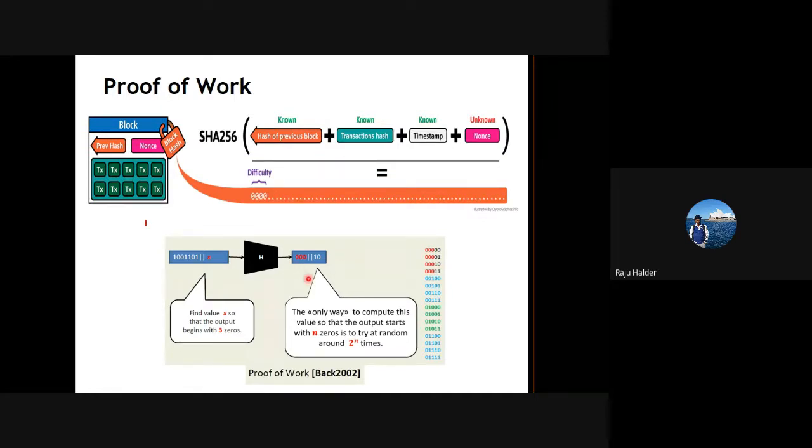For example, here, if I say that whatever hash value you get should have only 3 zeros, oh sorry, I made a mistake. So here, if the number of zeros is reduced, then the difficulty level will also be reduced.